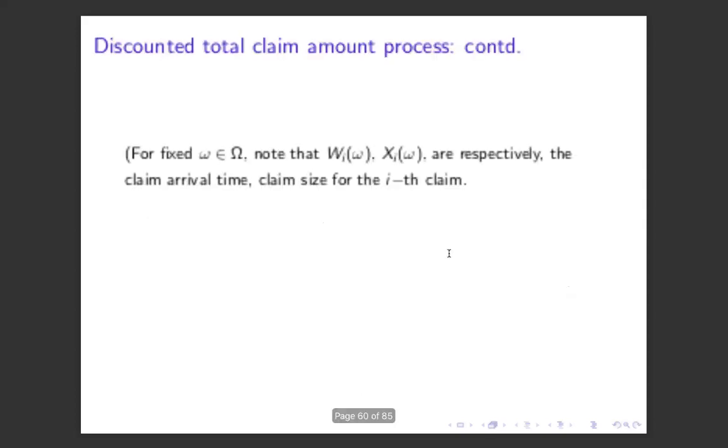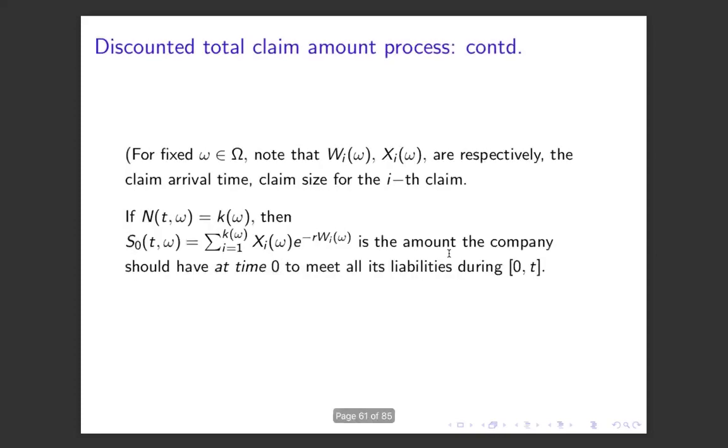All right. So this is just to illustrate the thing. Let us say omega is fixed. So if omega in capital Omega is fixed, then W_i(omega) is the claim arrival time of the ith claim, and X_i(omega) is the corresponding claim payment that has to be made, the claim size of the ith claim.